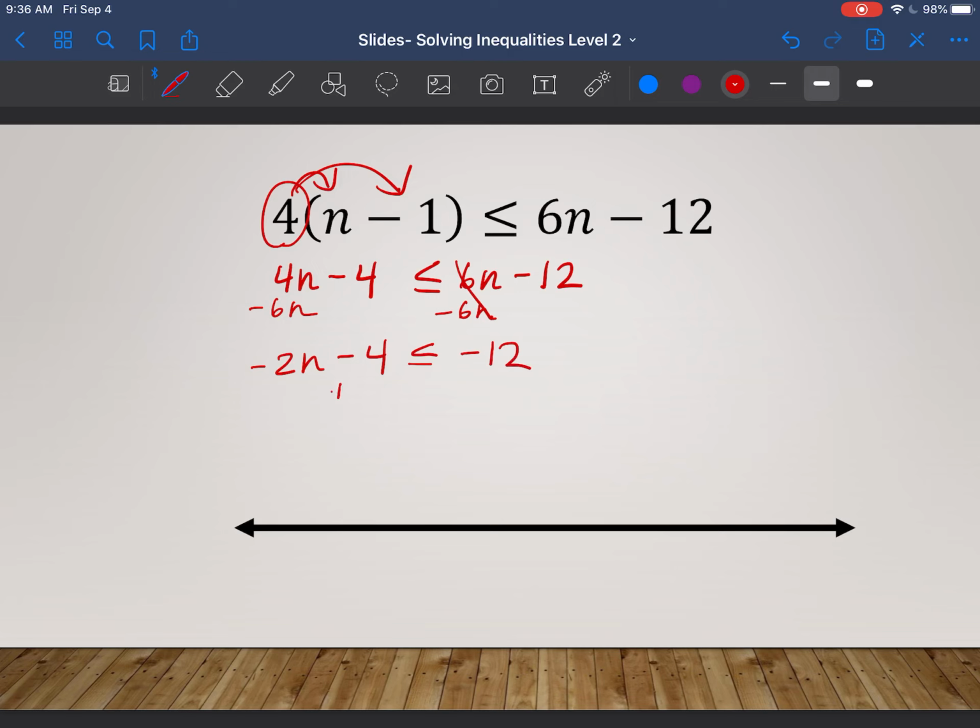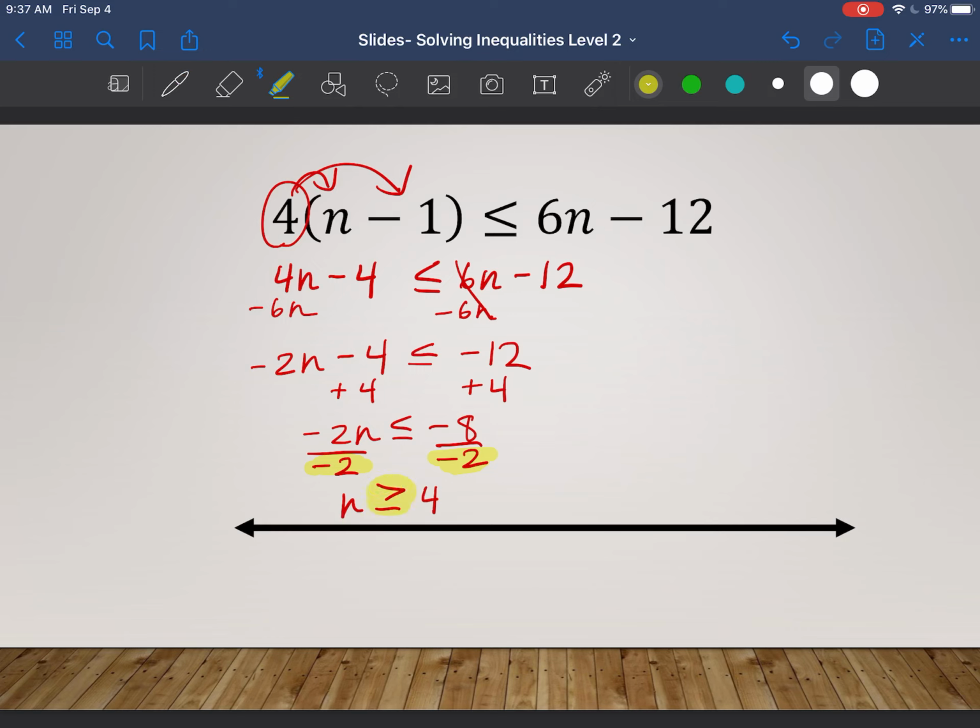Then I'm ready to add 4. And then divide by a negative. And so because we're dividing by this negative, my inequality flips. Negative 8 divided by negative 2 is a positive 4.